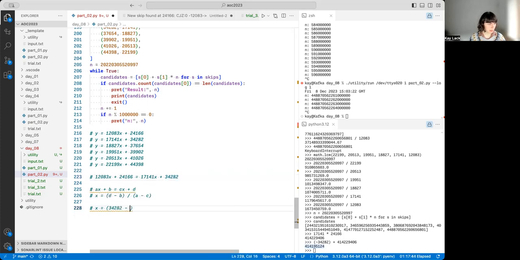E minus b over a minus c, which is minus 2. C equals minus 2. How can x equal minus 2?